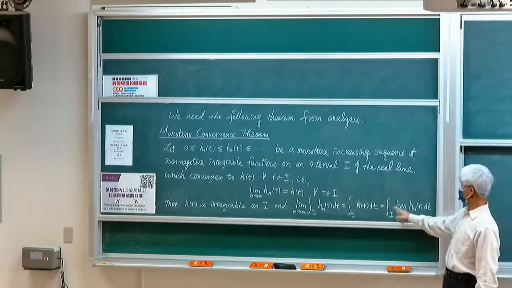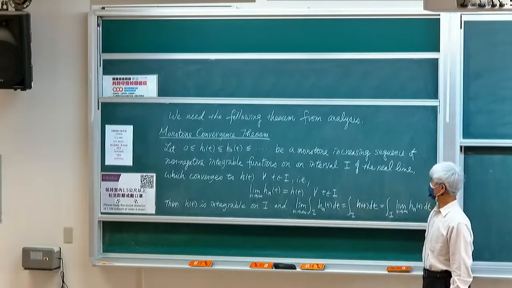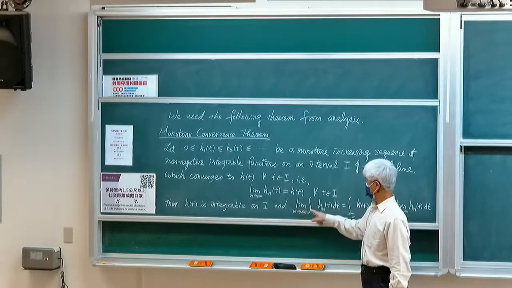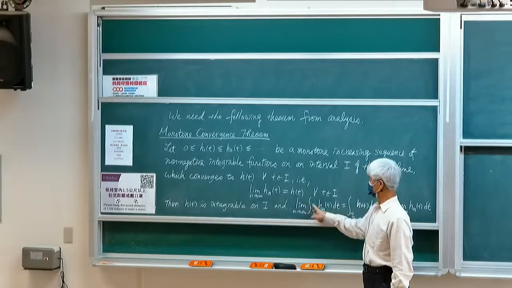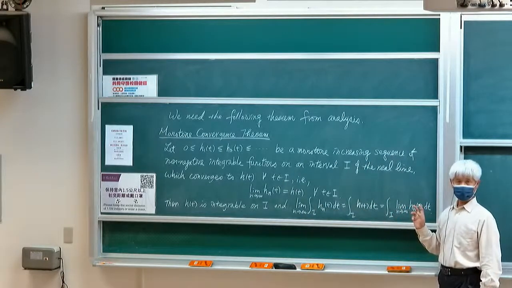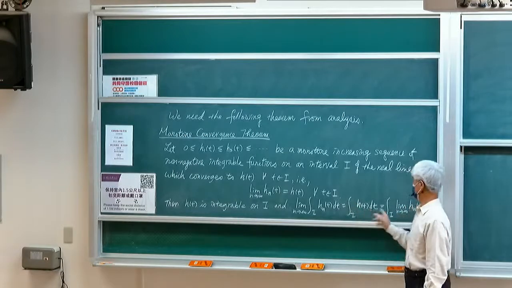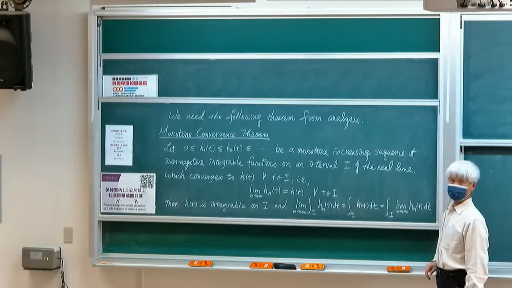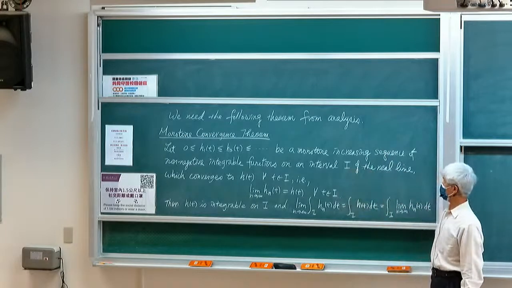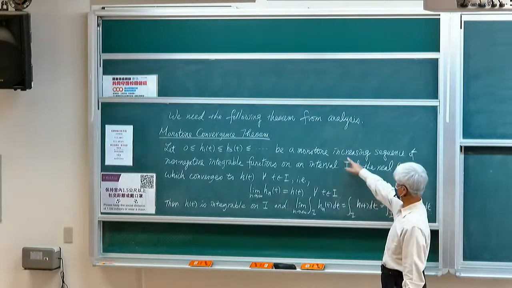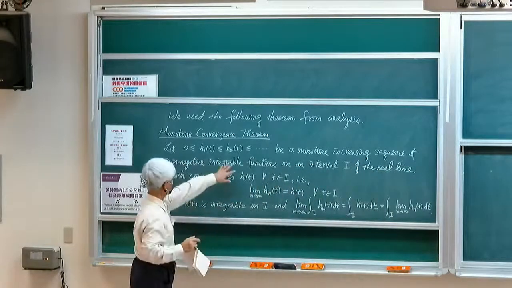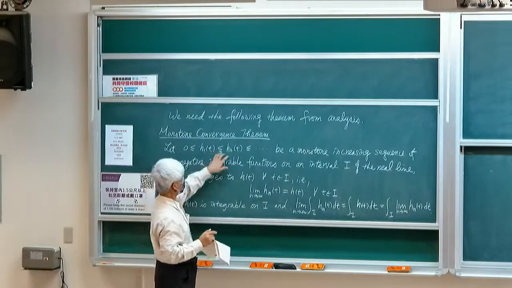So this identity shows that the operation of limit and the operation of integration can exchange order, under this circumstance. Here it means that we have a monotone increasing sequence of non-negative integrable functions h1, h2, etc., on an interval.